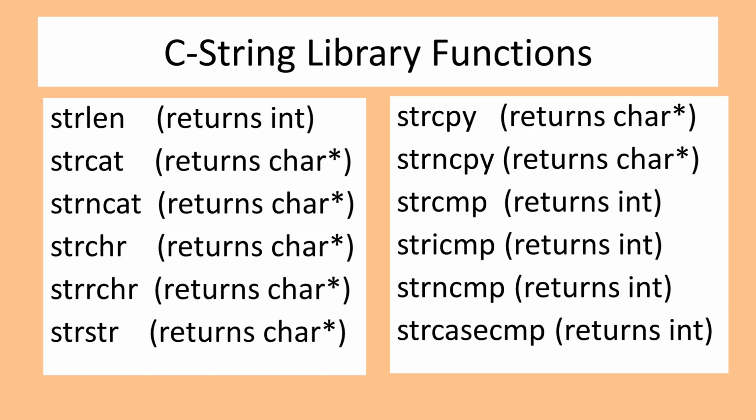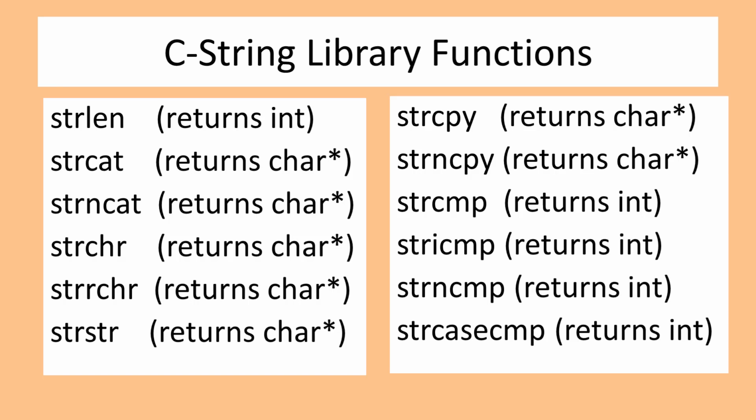Now I'm looking at some of these things where it says returns int, returns character star. So if it returns character star, that's returning a pointer to wherever, for strcat, it's returning a pointer to the original string, and strchr returns a pointer to where it found something. So we have strcpy, strncpy, that limits the number of characters that are being copied.